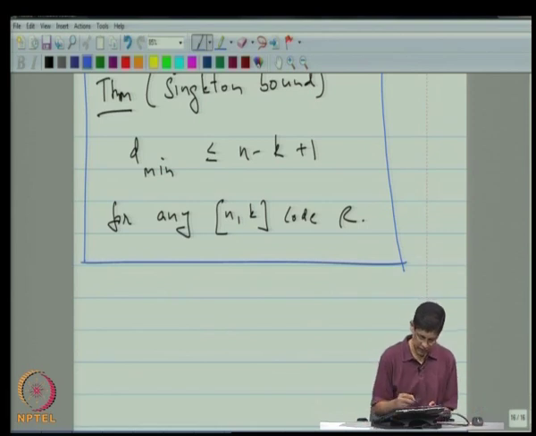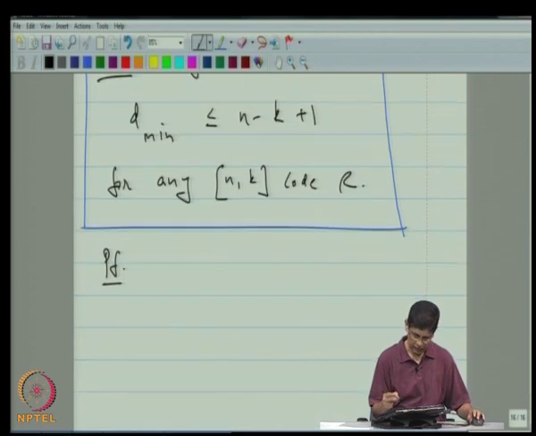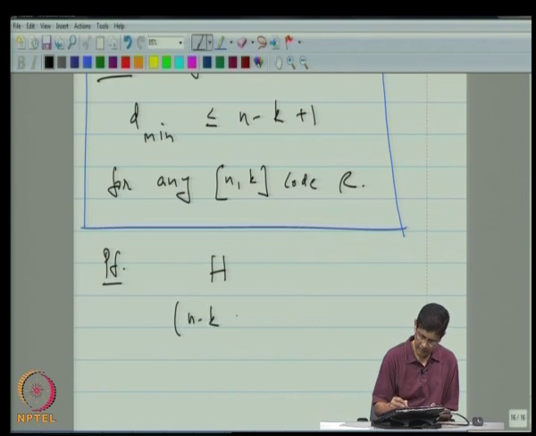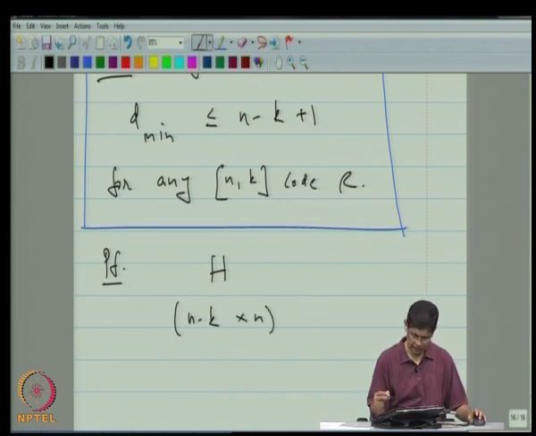And why is that? Well, that's simply because your parity check matrix H is n minus k by n.